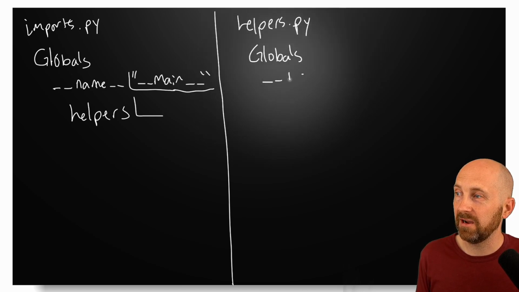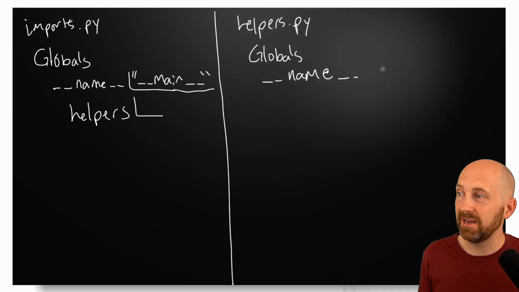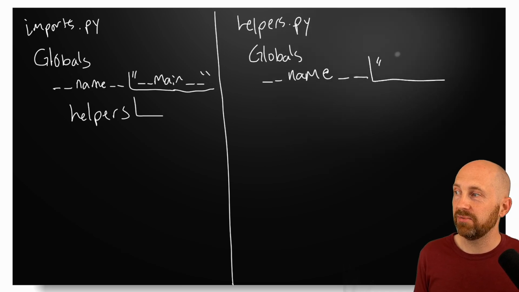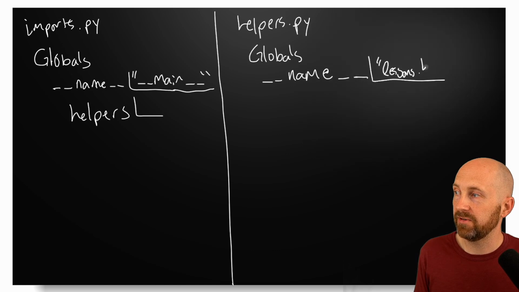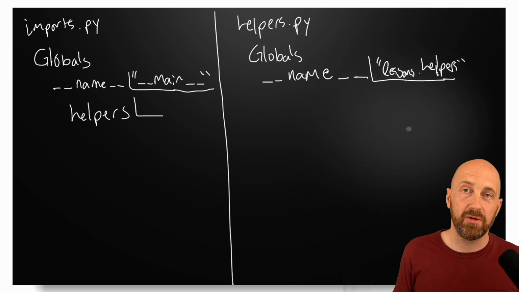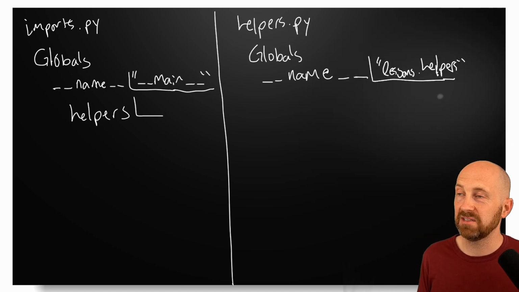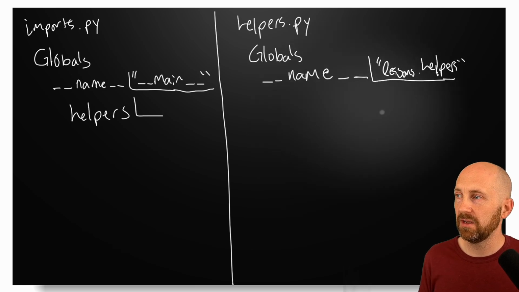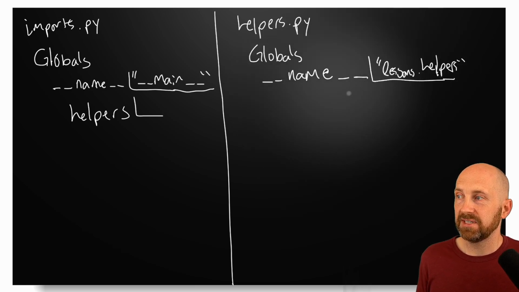So we just talked about how when you import a module and you're evaluating a module as an import, this would be the name of the module, which is lessons.helpers. We'll talk about why this is important in just a moment and why this makes sense and why Python made this decision. Okay, so that name is established.